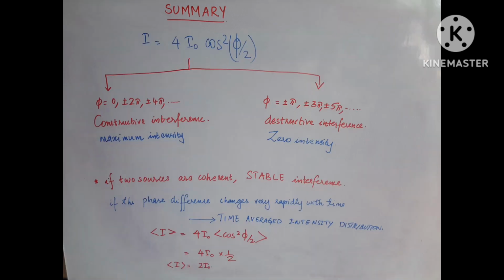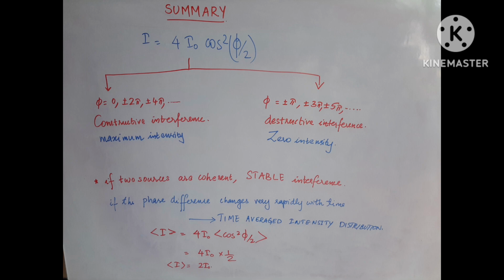When we find the classification from this equation, I is equal to 4I0 cos square (phi by 2): when phi is equal to 0 or plus or minus 2 pi, plus or minus 4 pi, plus or minus 6 pi, like the even numbered pi, we can say that the constructive interference will be the result, and we get a maximum intensity.